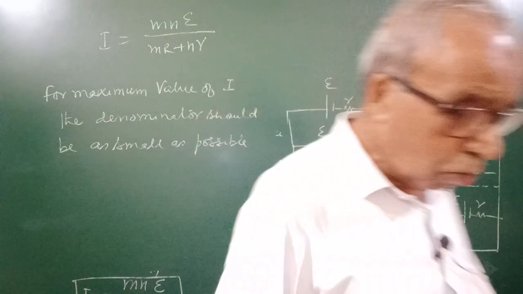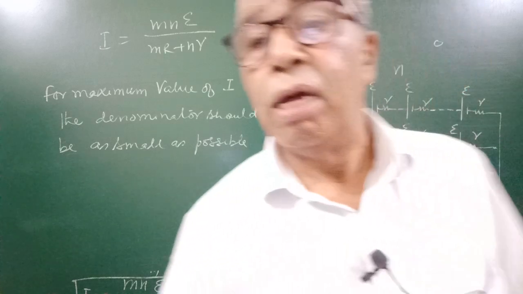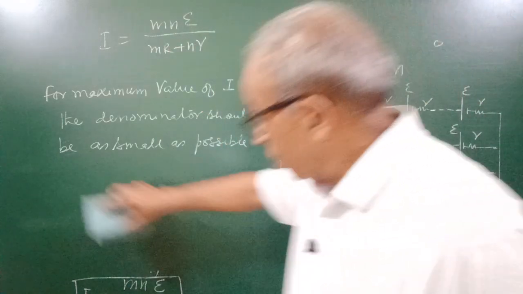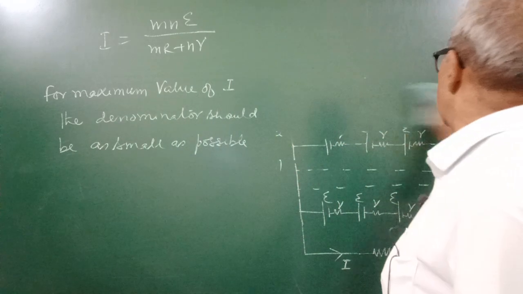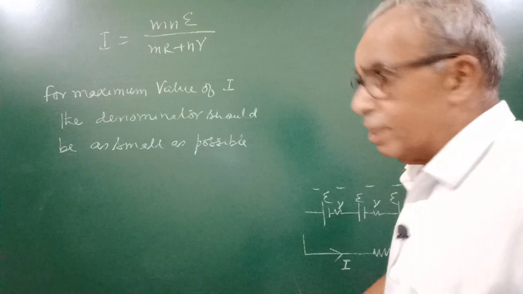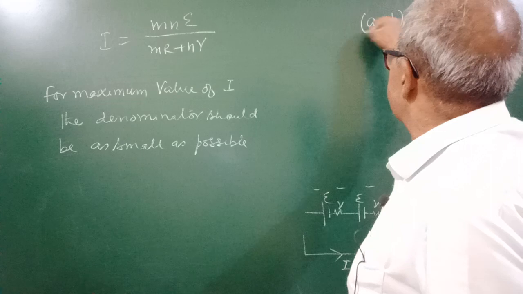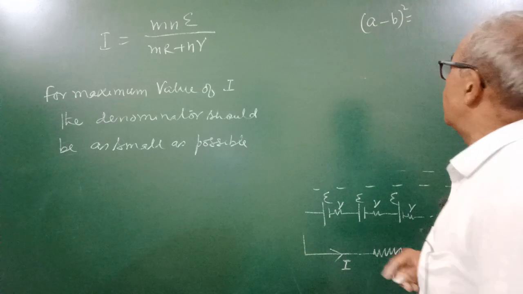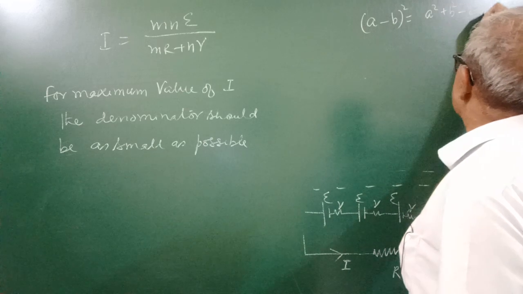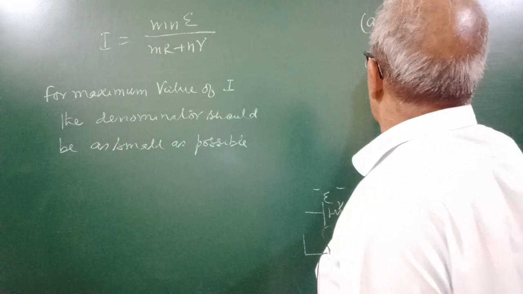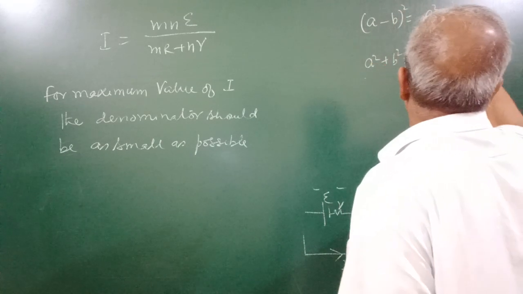Because we teach bio students also, we have to use simple mathematics so that every child gets what our purpose is. There is an algebraic formula, (A minus B) whole square, which is A square plus B square minus 2AB. And hence A square plus B square you can write as (A minus B) whole square plus 2AB.